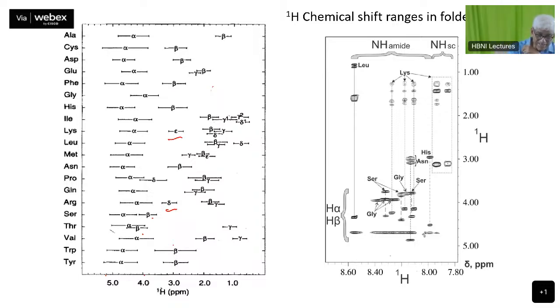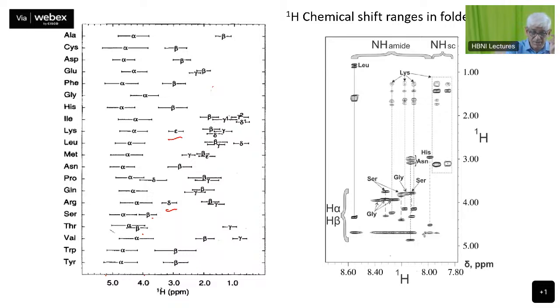Therefore, this central area is also quite distinct. Centrally, all the alpha protons are here, and a few of the distinctly separate beta protons are here. The beta protons in this area are very distinct because they are connected to the aromatic residues, or to the arginine side chain, or to the epsilon proton of the lysine residues.